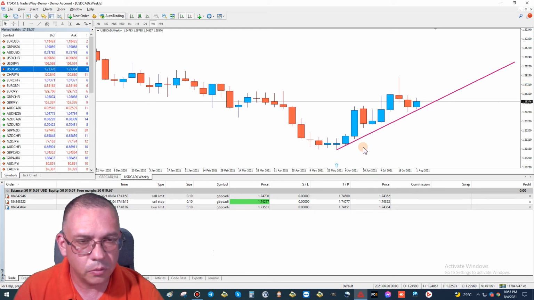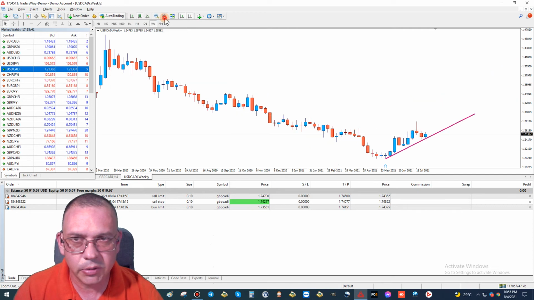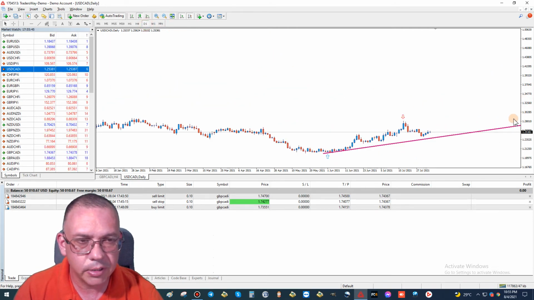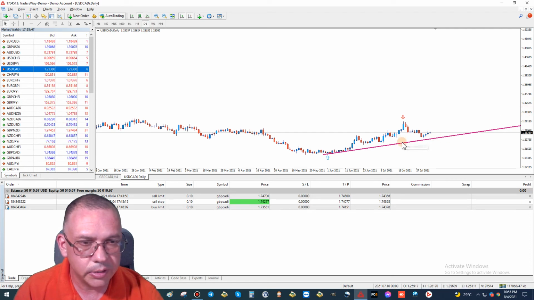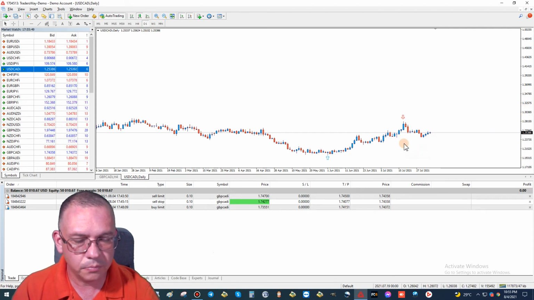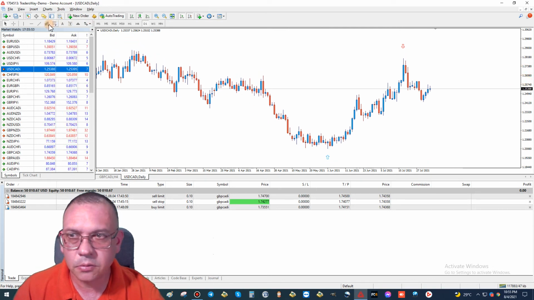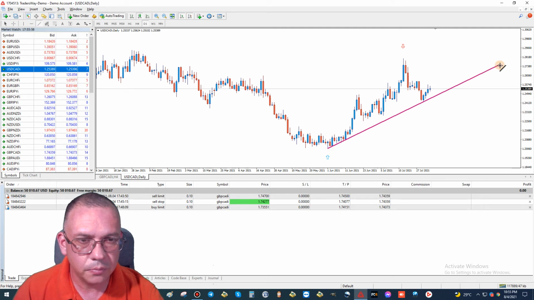So we are definitely in an uptrend. And this is just a weekly chart. Just want to show you as an example. If you go down to the daily chart, you can see that a little bit better as well. So we are expecting this to go up, but I don't know if it's going to break.